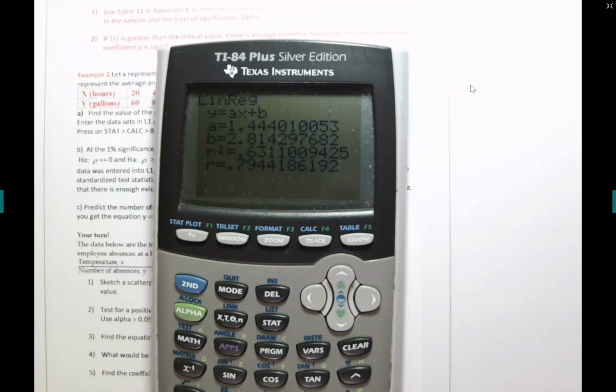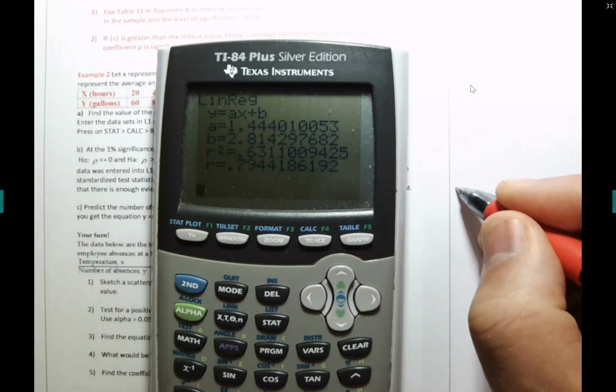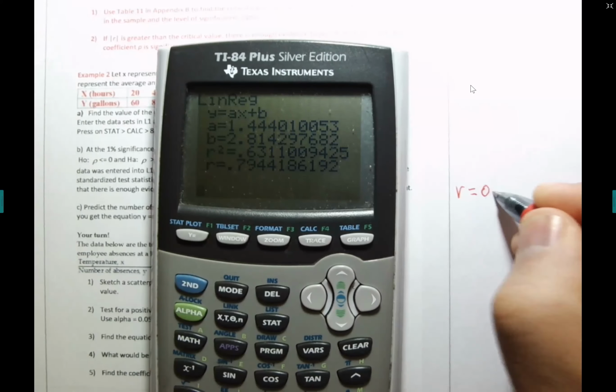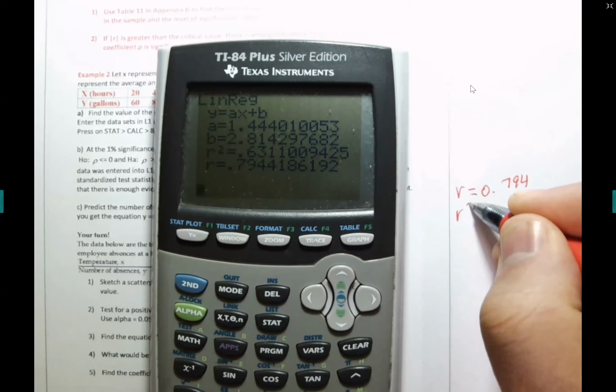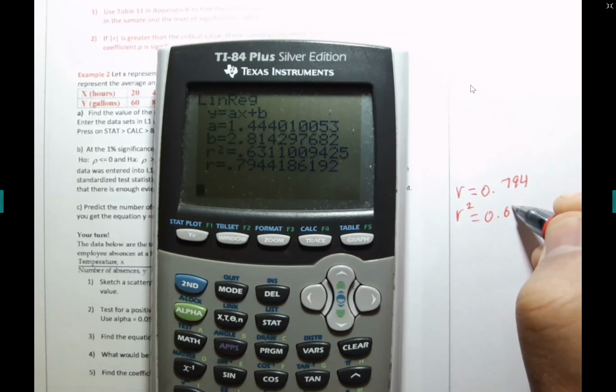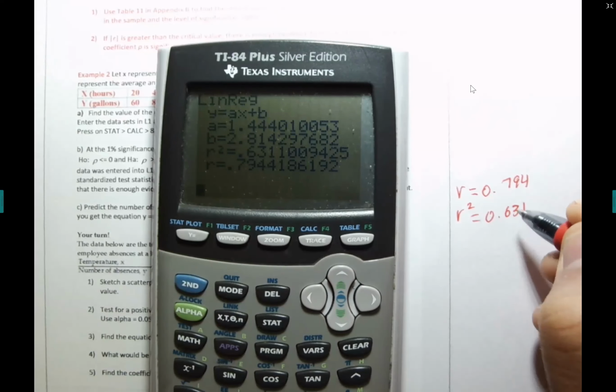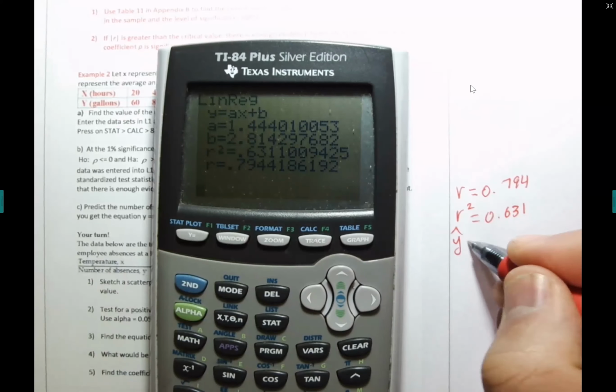There you go. And not only did we get R, we got the equation of the line, we got R squared. So let me just write them down here so you don't have to go back. And the equation of the line.